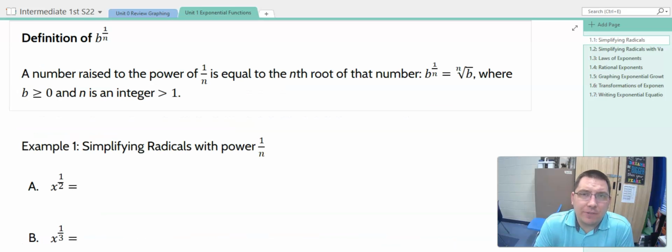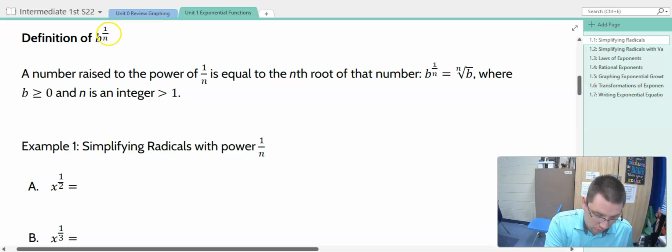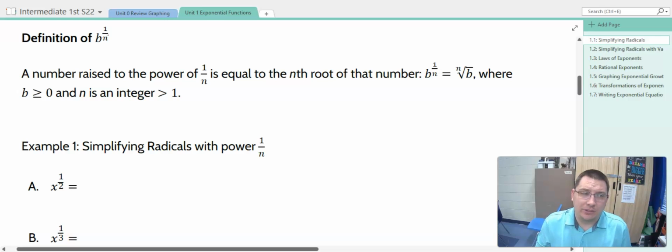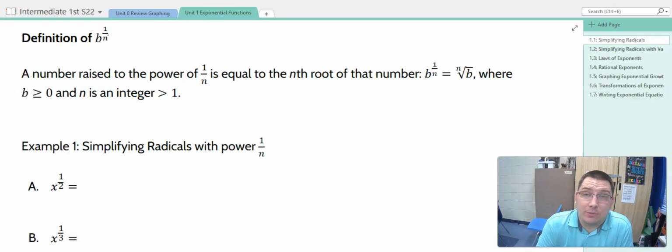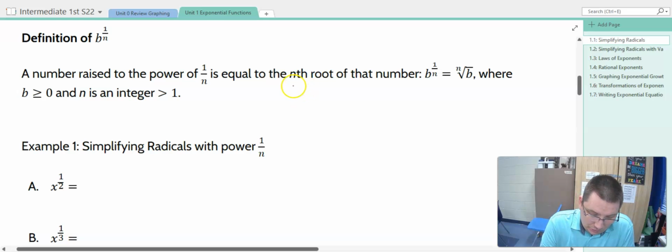And so the first definition that we're going to look at is if we have an exponent that is a fraction, 1 over n. The definition is that a number raised to the power of 1 over n is equal to the nth root of that number. And so we would write it like this: b to the 1 over n is equal to the nth root of b.